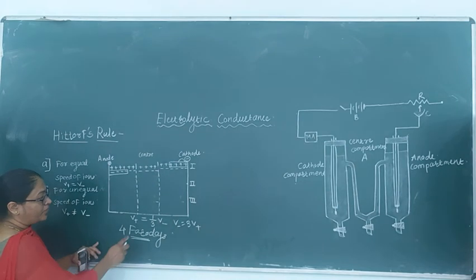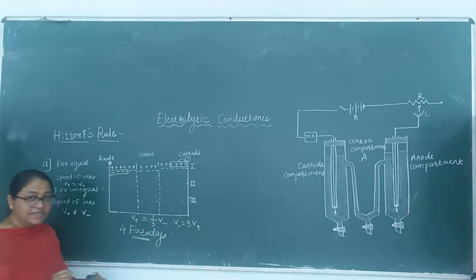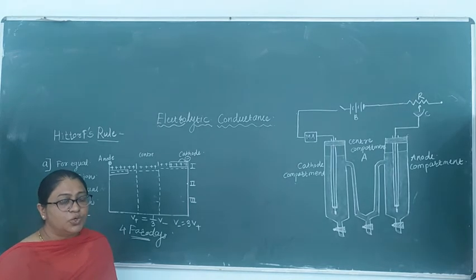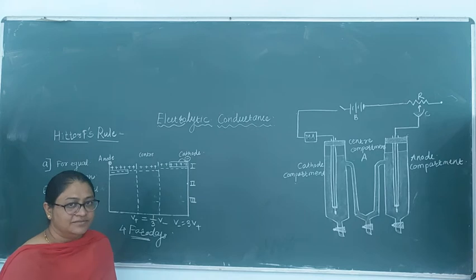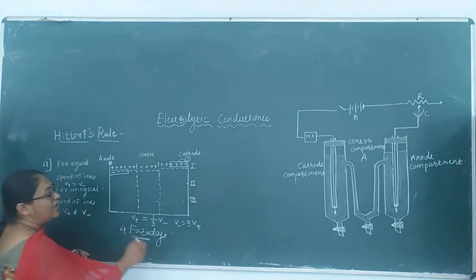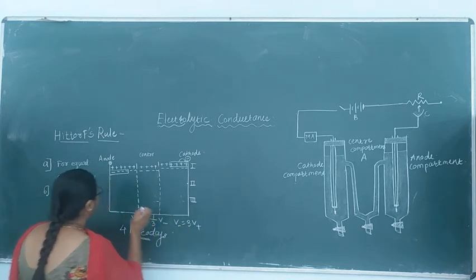now V minus is thrice of V plus. That means here the contribution of anion in the total electricity is thrice of the cation, right? That means that V minus is having more speed, thrice of speed than the positive ion.